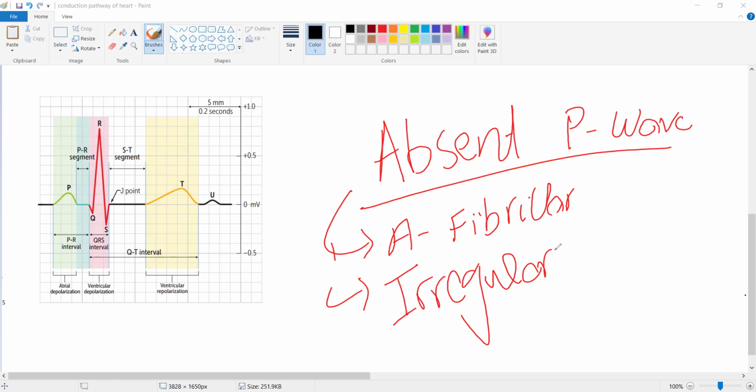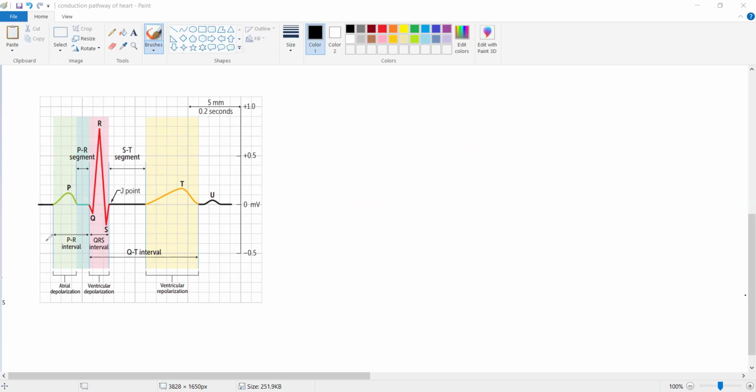What is the clinical significance of the ST segment? It is elevated in MI. There are two types of MI. In one it is elevated and in the other it is depressed.